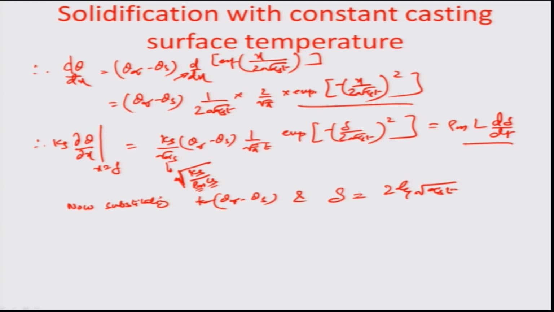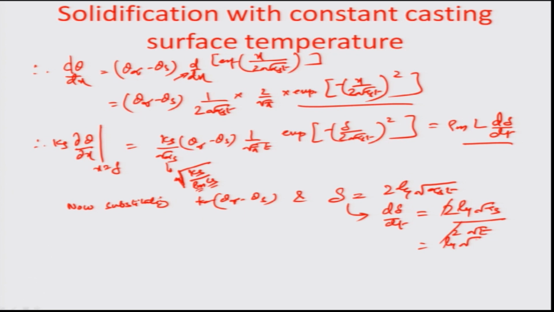So, the first thing that I would like to get is an expression for d delta by dt from this term. So, d delta by dt becomes equal to twice zeta, being constant, root of alpha s divided by root of t, this goes away.